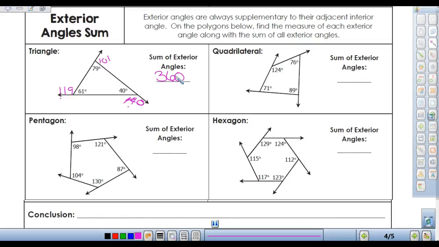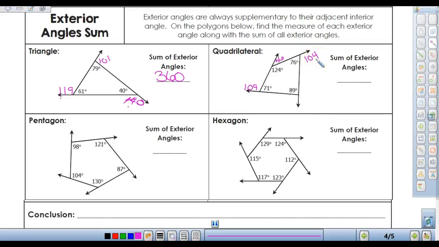Add them all up, what do you get? 360? So on a triangle, we've got 360. Okay. On a quadrilateral, this guy's 71, this guy's 109, this is 124, this is 56, this is 76, this is 104.